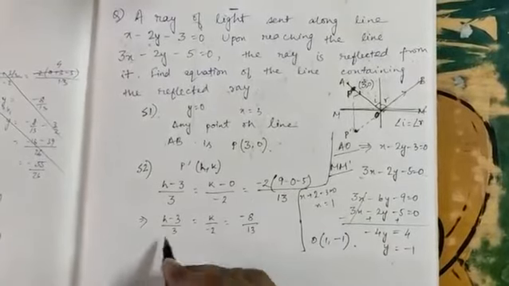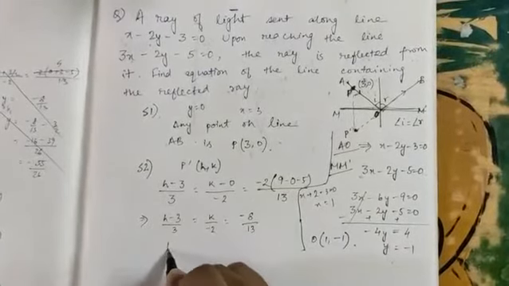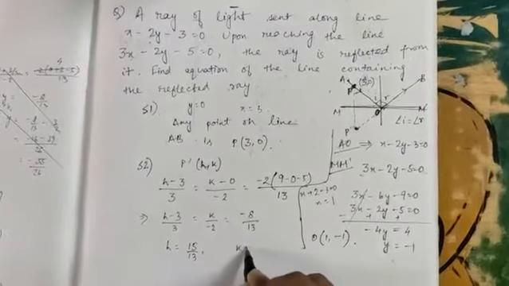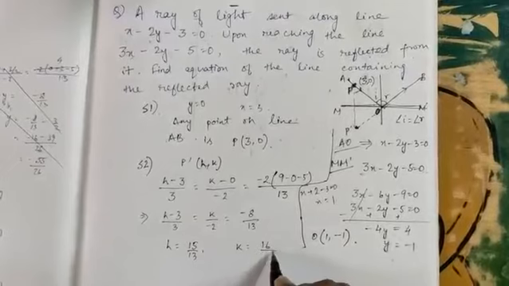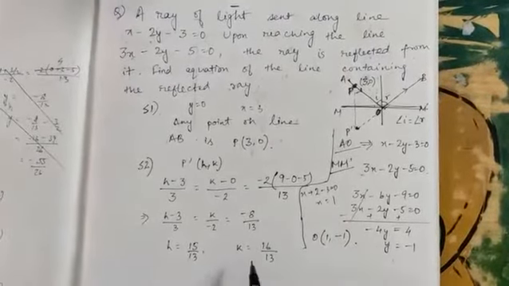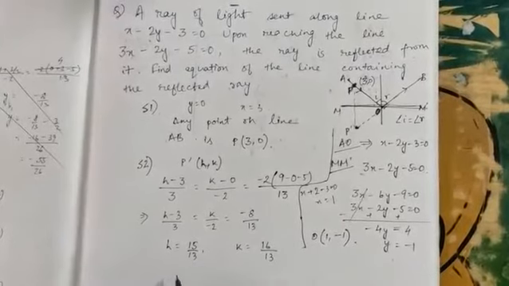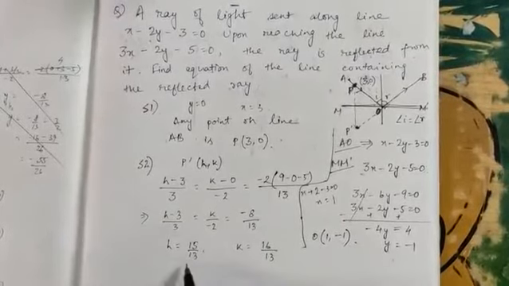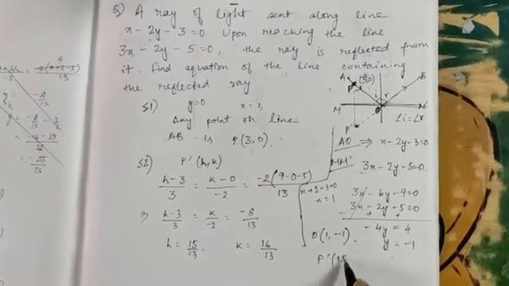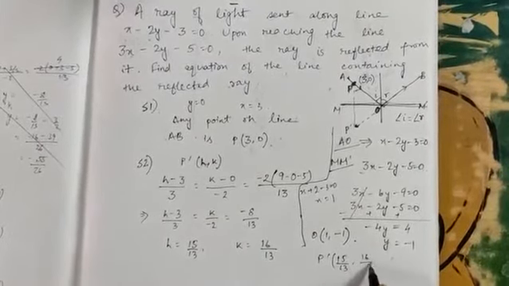So by solving this, I can find out that h is equal to 15 by 13 and k is equal to 16 by 13. So my point P dashed is 15 by 13 and 16 by 13.